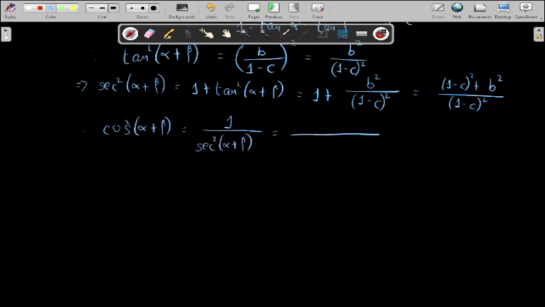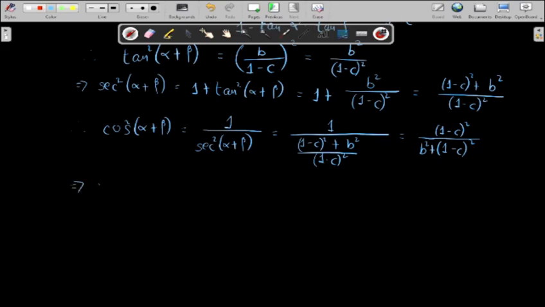So this will be 1 upon this entire thing that we have deduced in the previous step. So this 1 minus c whole square will go in the numerator, and in the denominator we will have b square plus 1 minus c whole square. Okay, so now we have got cos square alpha plus beta.